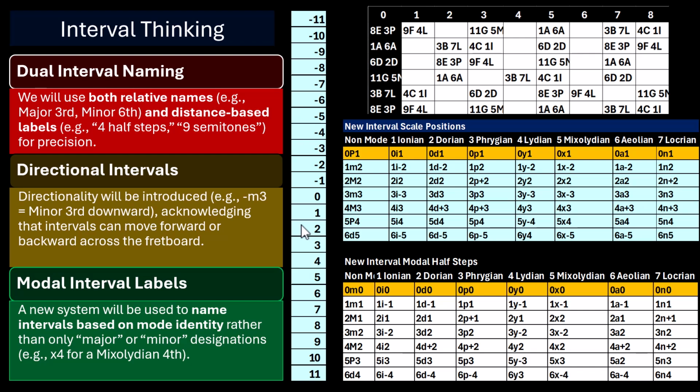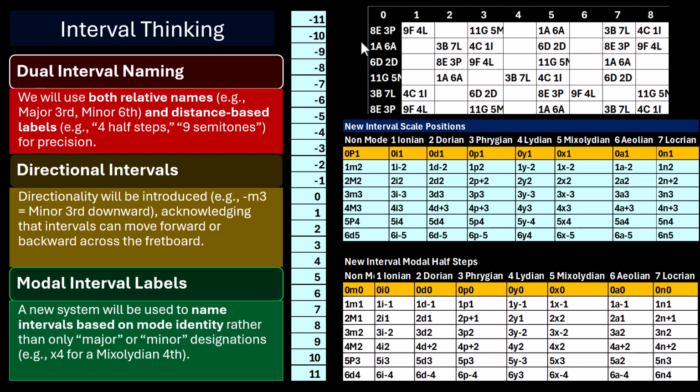We would more likely label everything from the relative modal position that we're in. That tells us a lot more from the context of the song, and it's more scalable, so it makes a lot more sense.